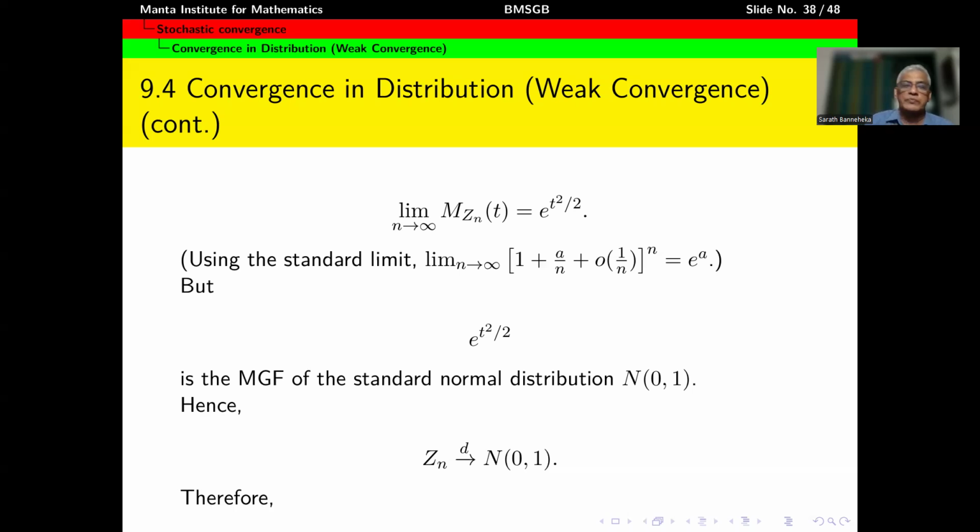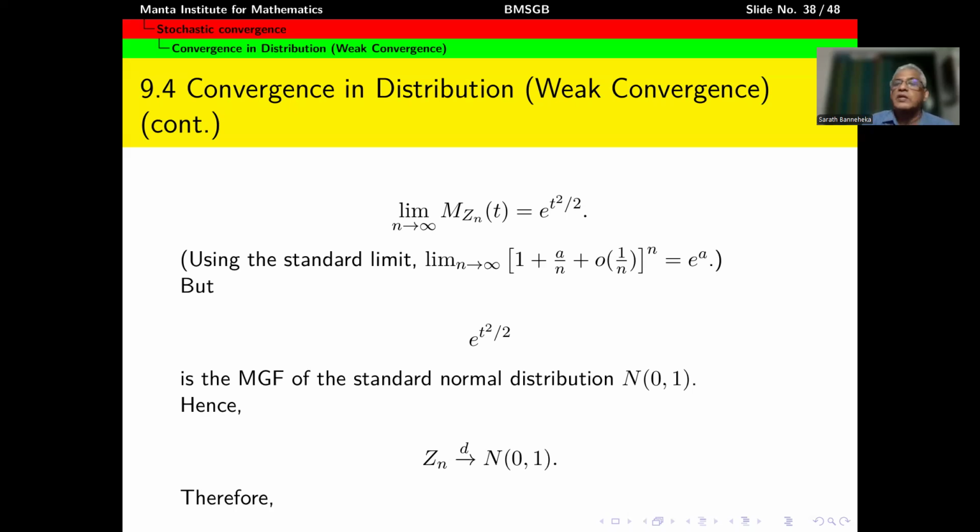So because the moment generating function of Zn as n goes to infinity is equal to the moment generating function of the standard normal distribution, that implies, by the uniqueness of the moment generating function, that when n goes to infinity, the distribution of Zn converges to the standard normal distribution.